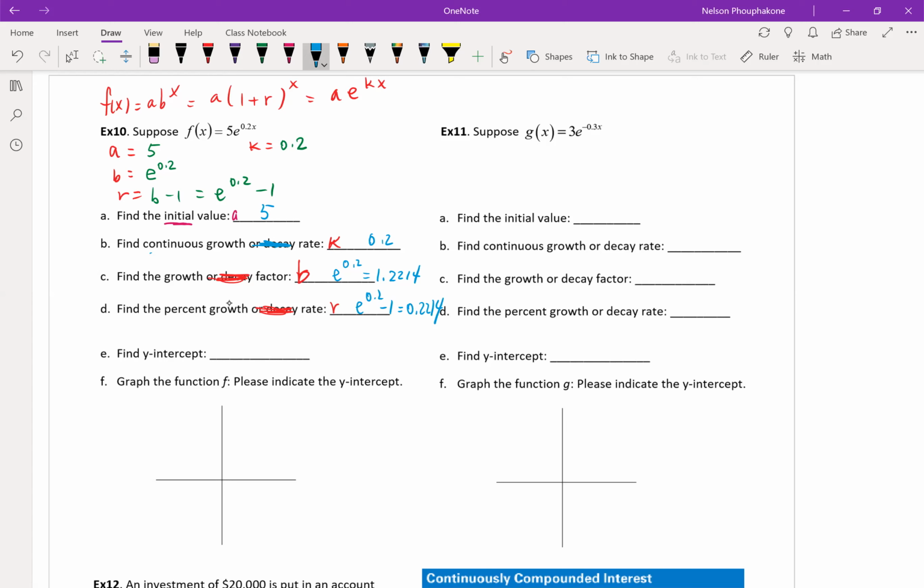And my y-intercept is related to a, the initial value. Okay, so now let us graph this. The function is increasing because k is positive, and my initial value is 5, so my y-intercept is 5.